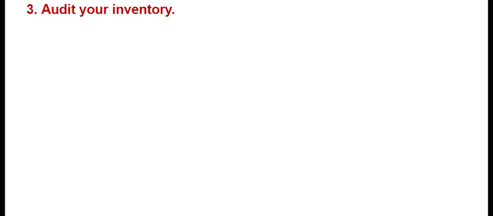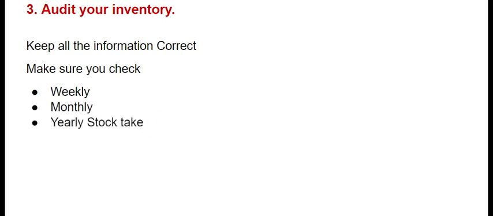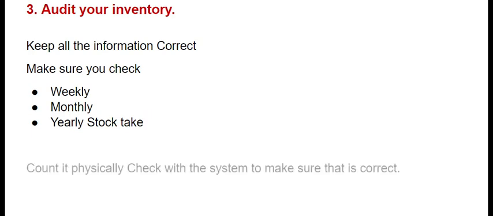Third, audit your inventory. Even though there are lots of software on the market, make sure you also physically check them either weekly, monthly, or yearly. I would recommend a monthly stock take to see if you have the correct stock in the system, and yearly an all-around complete stock take would be a very good idea.